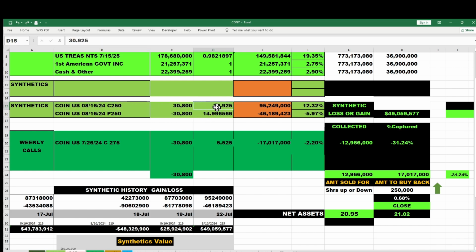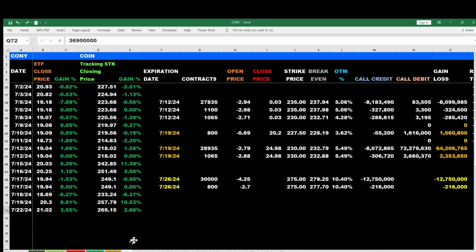So when I look at $30 and 0.925, the value of that option today at closing is worth $30.925. Well, how much of that is the value over 250? Well, you go back over here and you say it closed at 265.15.